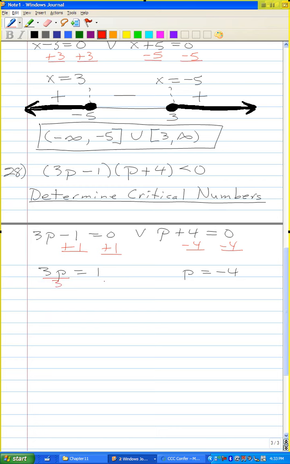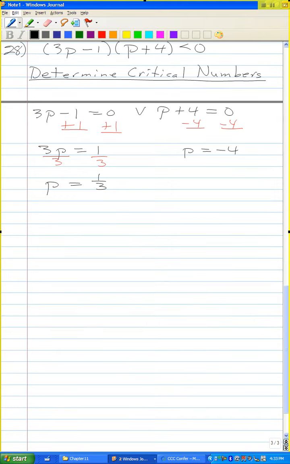Divide by 3. So p equals 1/3. And so let's put these on my number line. And so I have here -4, 1/3.